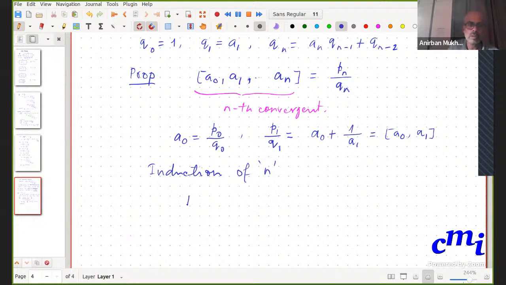Suppose we know it for n, and let's try to prove it for n plus 1.